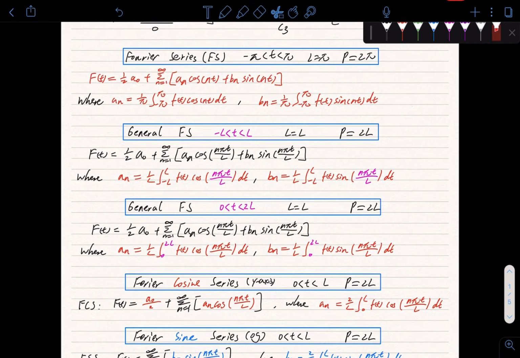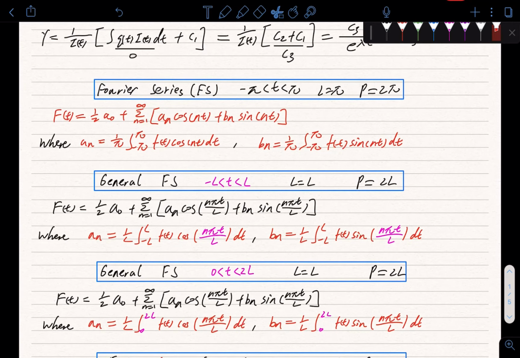All right. So the idea behind the Fourier series is very similar to the idea behind Taylor series. In Taylor series, we're trying to model a bunch of analytical functions using a sum of other functions, let's say polynomials.